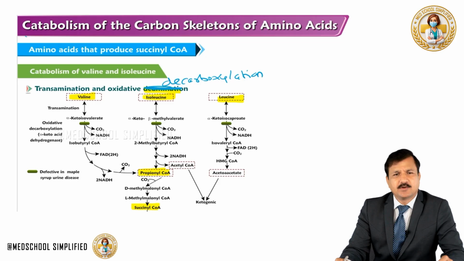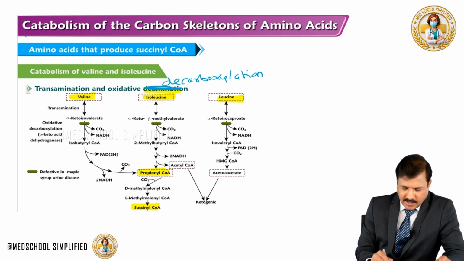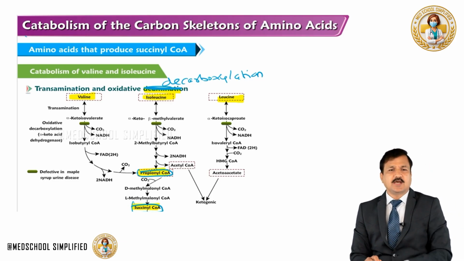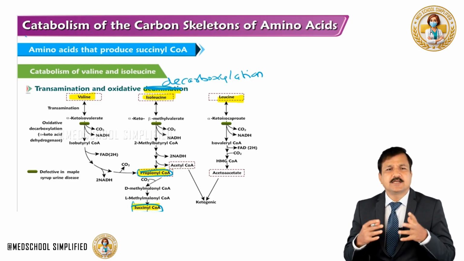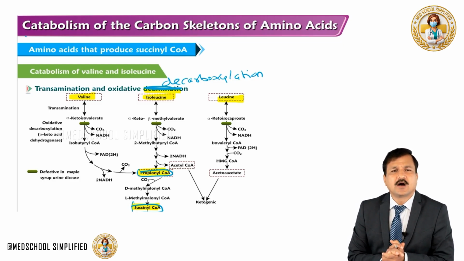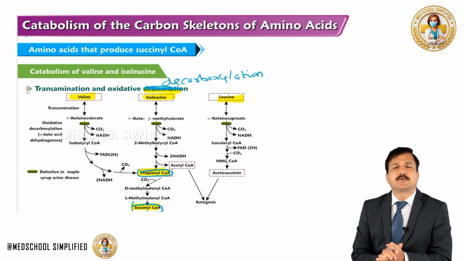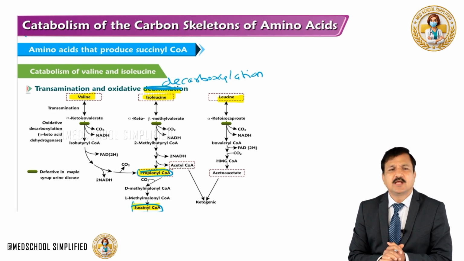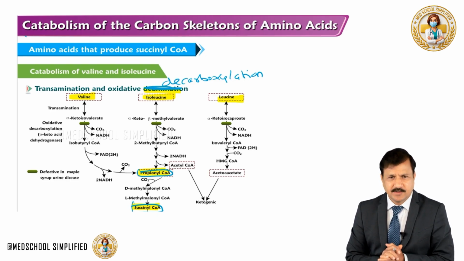Upon further decarboxylation, they will form isobutyryl-CoA and methylbutyryl-CoA, and they will undergo further oxidative reactions to make propionyl-CoA, and propionyl-CoA is further converted into succinyl-CoA. So like this, oxidation of valine and isoleucine will make propionyl-CoA, and propionyl-CoA makes succinyl-CoA, and that is a glucogenic amino acid.